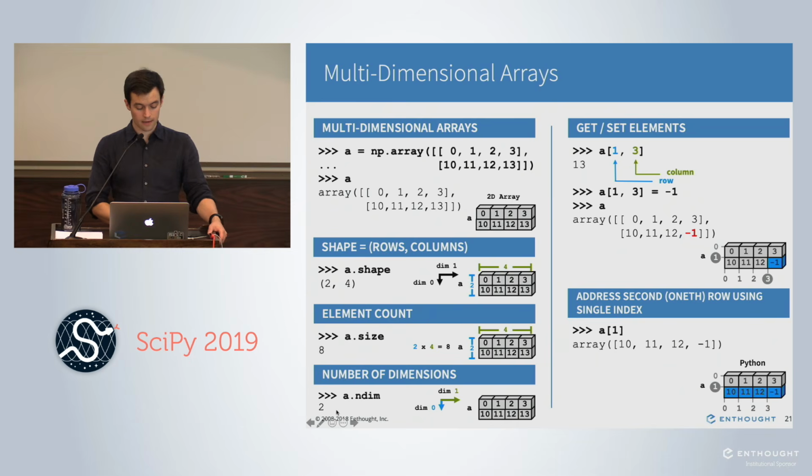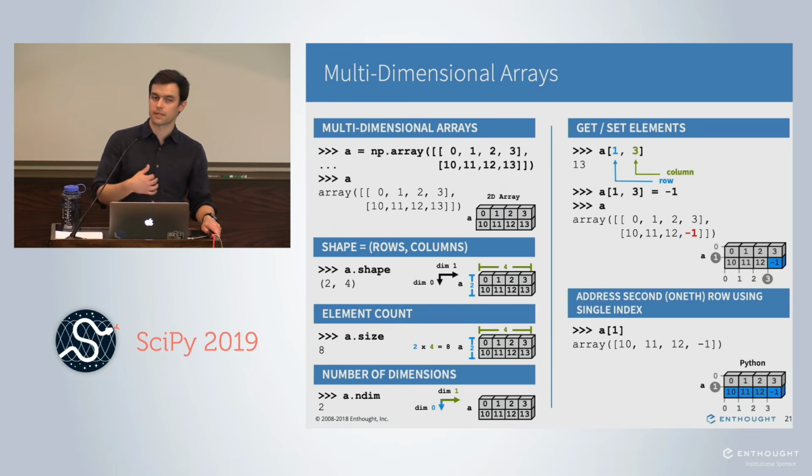And our two-dimensional array, just like our 1D, we can access elements inside of it and we can set elements inside of it. But a little distinction compared to what we do with lists is that we can put our coordinates in the same set of square brackets. I think of them as coordinates into this two-dimensional object. So the way to read this here, the first one is the row, because again, Python uses zero-based indexing.